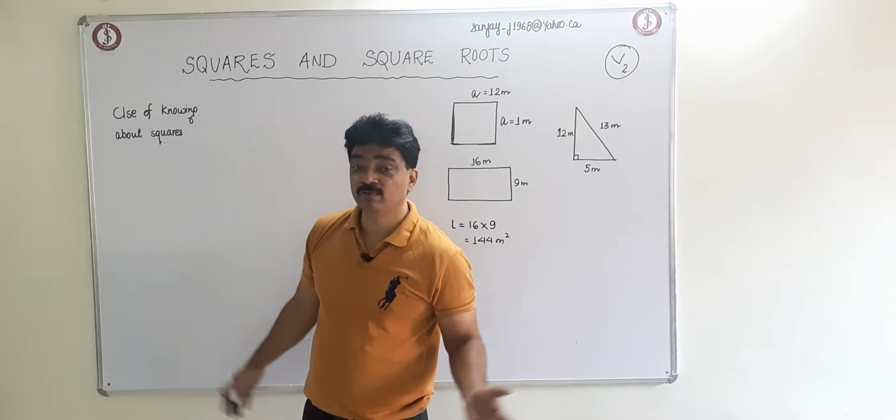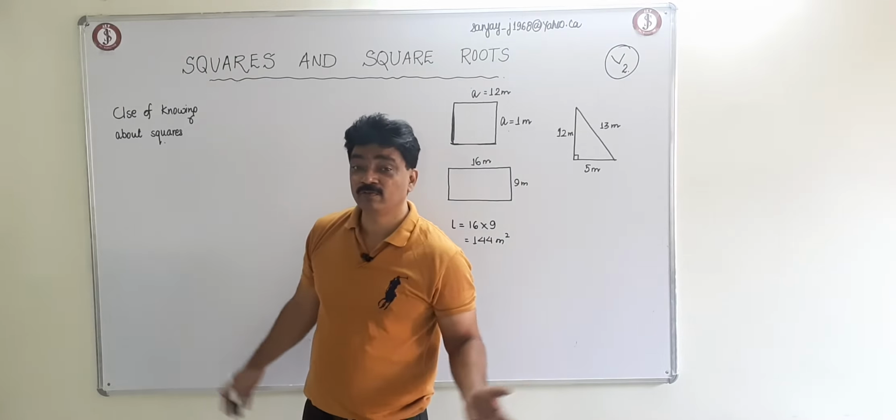Then secondly, over here, these numbers are called Pythagorean triplets. So I have made a right angle whose perpendicular is 12, whose base is 5, and whose hypotenuse is 13. So whenever there is a right angle triangle, there is a relationship among its sides.